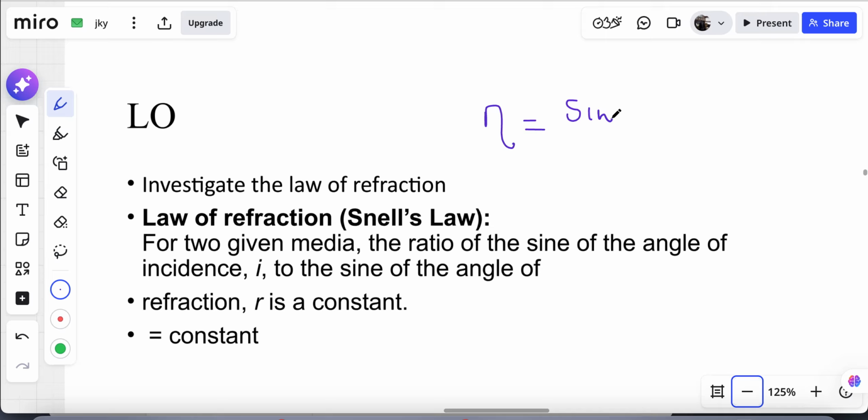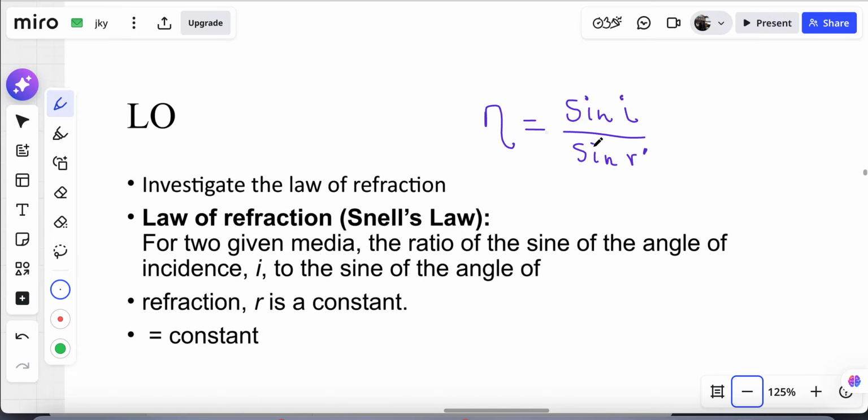Remember, in this case, the incident angle, or angle of incidence, is not equal. It's not the same as the refracted angle. Okay. Here, for me to differentiate reflection and refraction, I'll use arrow prime. You know, before we used an arrow for reflection. Now for refraction, let's use arrow prime.